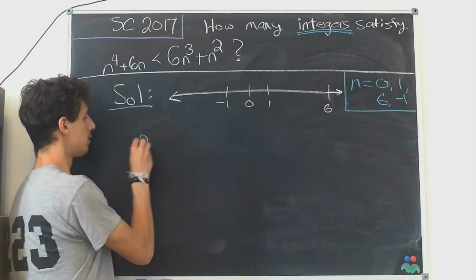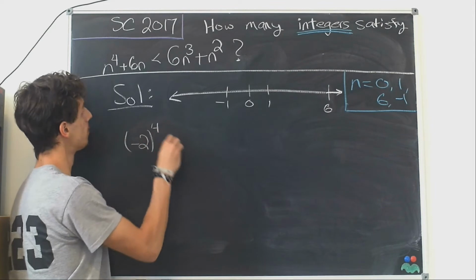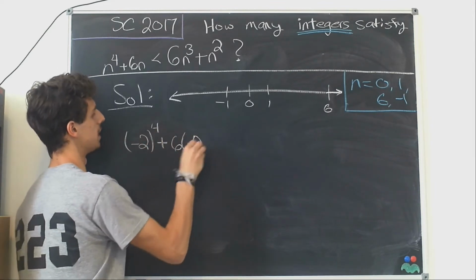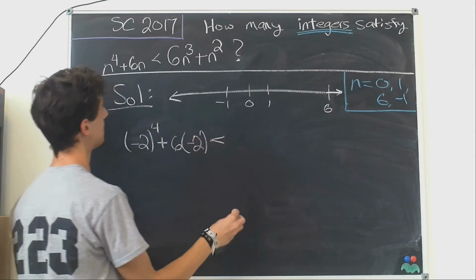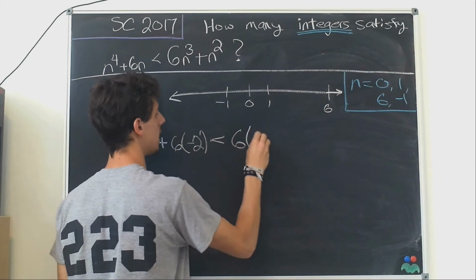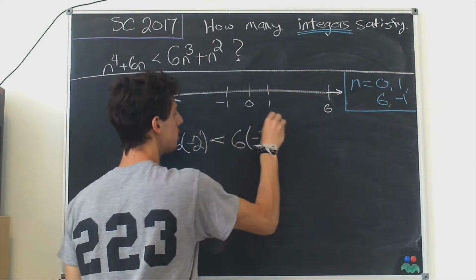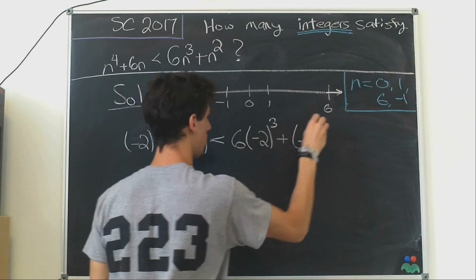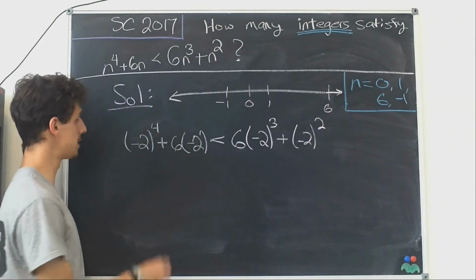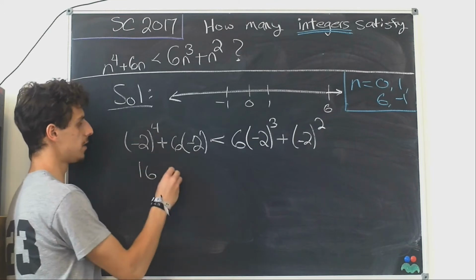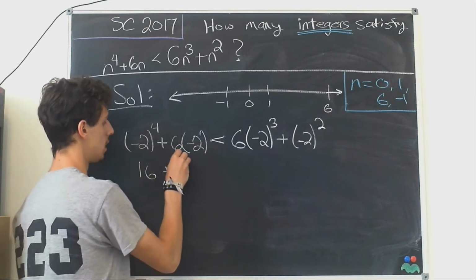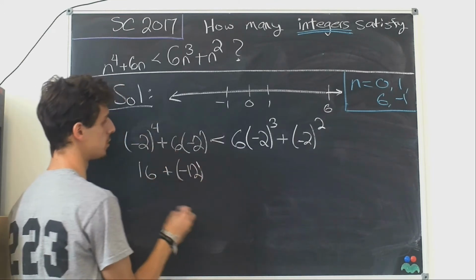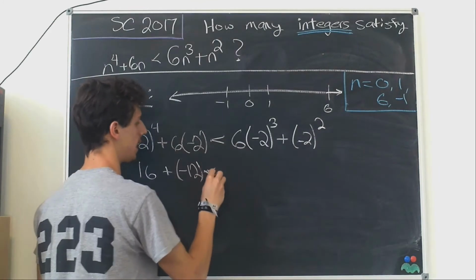So we'll have negative 2 to the fourth power plus 6 times negative 2 is less than 6 times negative 2 cubed plus negative 2 squared. Now let's simplify this a bit. This is going to be 16 plus negative 12, so this will go to 4 eventually, but I'll leave it like that for now.